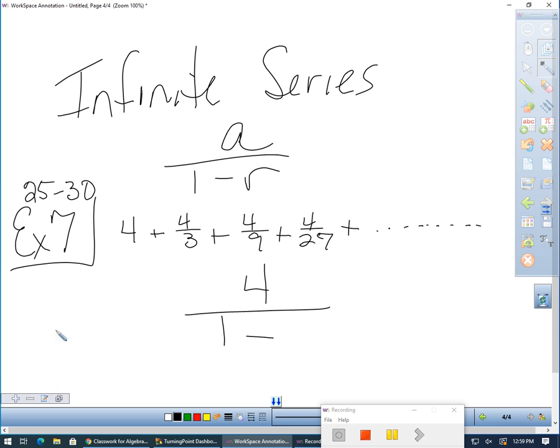And what is our r? 1/3. Good. We're multiplying by 1/3. So we get 4 over 2/3, which you multiply by the reciprocal. You get 12 over 2, and so you get 6.